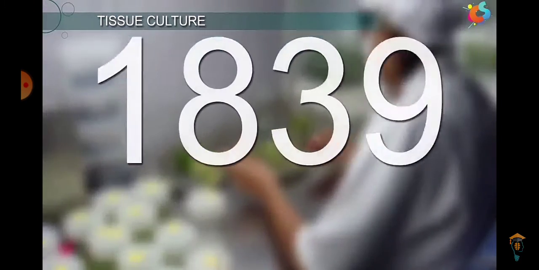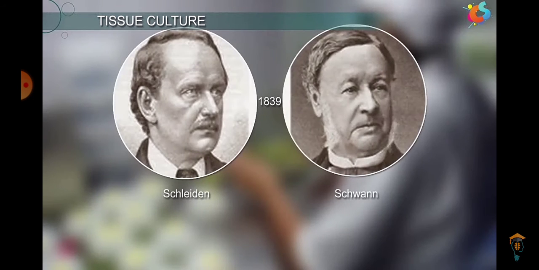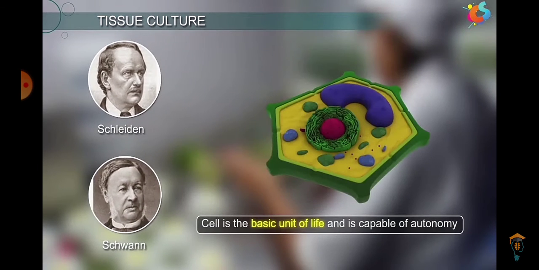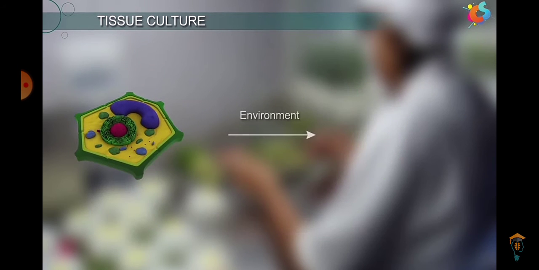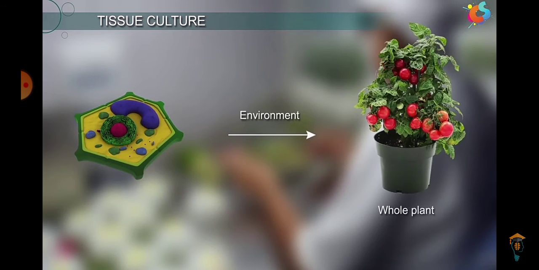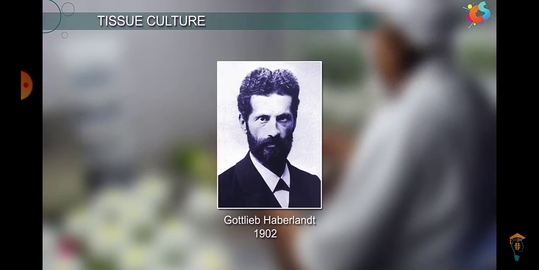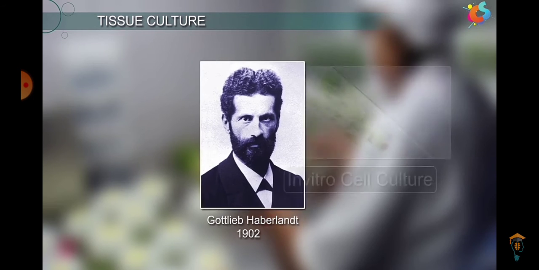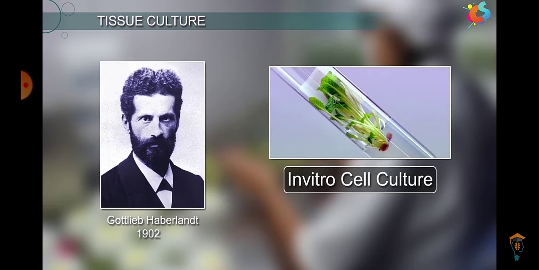In 1839, Schleiden and Schwann proposed that cell is the basic unit of life and is capable of autonomy. Each cell, if given an environment, is capable to regenerate into a whole plant. Based on this theory, a German physiologist, Gottlieb Heberland, in 1902 developed the concept of in vitro cell culture, also called tissue culture.